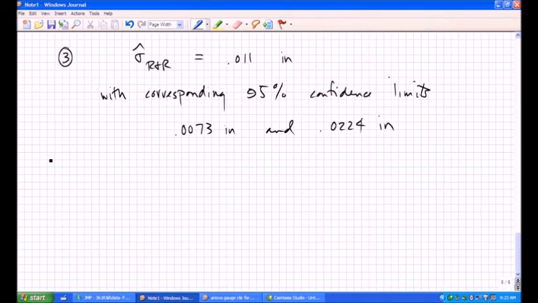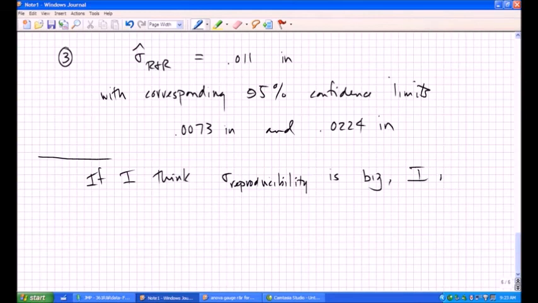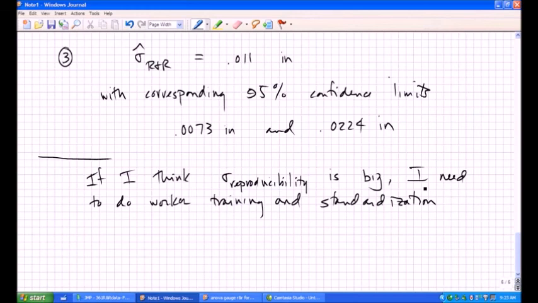But my point here is that if I think sigma reproducibility is big, I need to do worker training and standardization. That is, operators need to know how to do things alike.